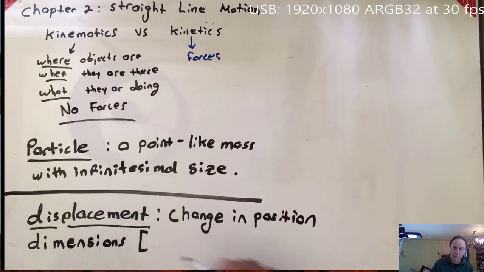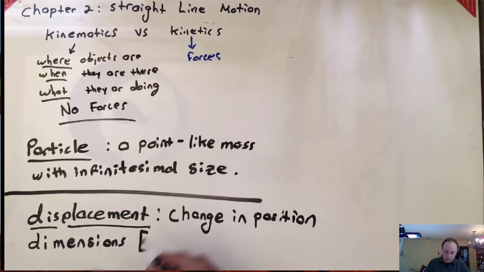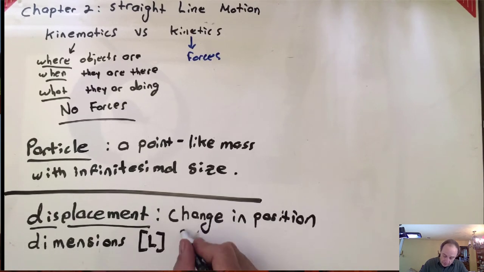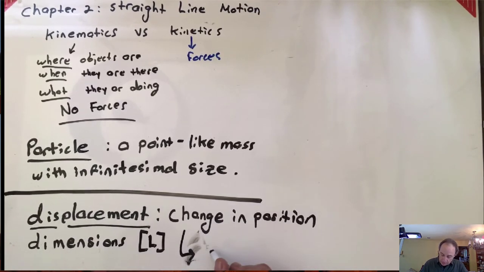And when we just want dimensions, we use brackets to signify that. And it's a change in position. Change is, in Greek letters, signified by the letter delta.